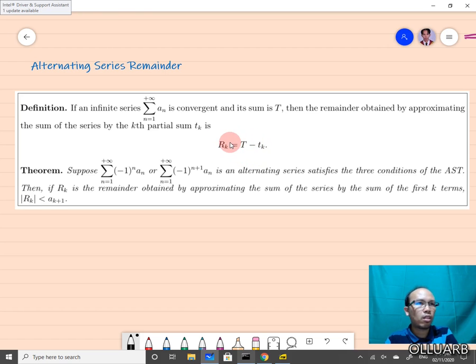Because our series converges to t, and T sub k is our kth partial sum, or the nth if you use n, R sub k is the remainder. So this is the theorem for the alternating series. These two notations here are for an alternating series which satisfies the conditions for the AST. Then R sub k here is the remainder obtained by approximating the sum of the series by the sum of the first k terms, as you can see here. So this is just the same as what I've written before.